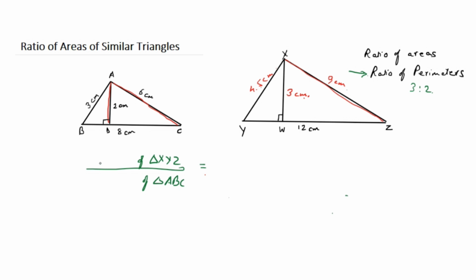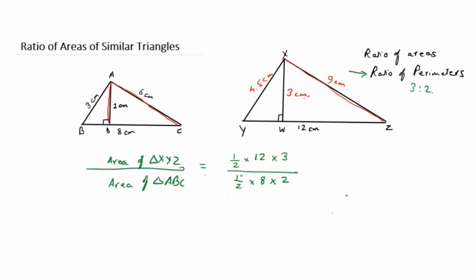So area of triangle XYZ over area of triangle ABC should be equal to half times the base, which is 12 centimeters of the larger triangle, times the height, which is 3 centimeters, over half times the base of the smaller triangle, which is 8, times the height of the smaller triangle, which is 2.